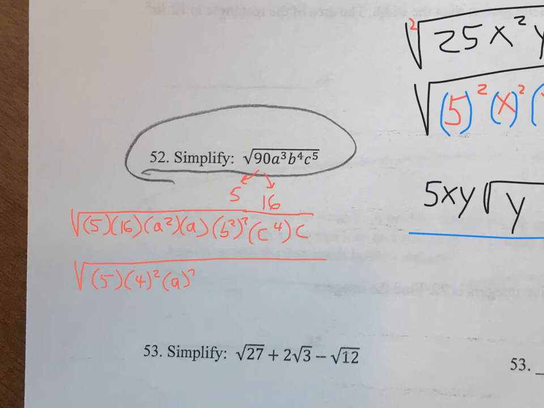Right now, I'm just using this line to clearly showcase which prisoners get out of jail. We have a b squared squared. We're going to have a c squared squared because of this 4, right? Force any even exponent to have a 2 on the outside.